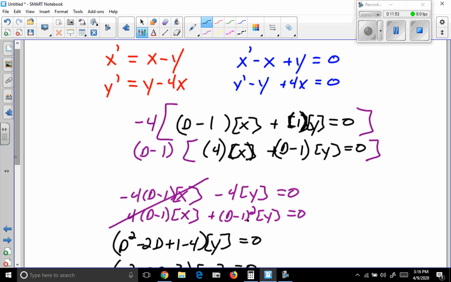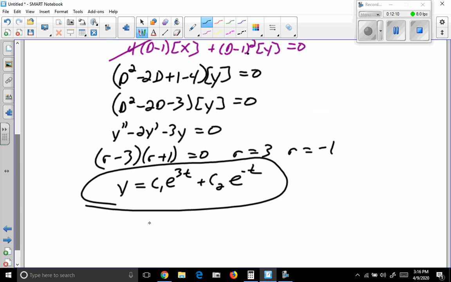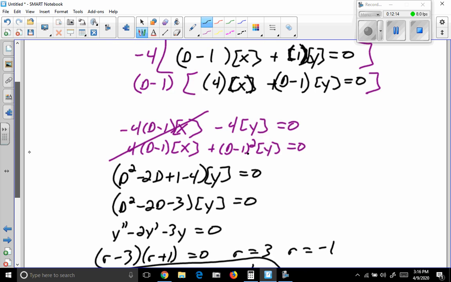Or another thing we could do is we could take our system of differential equations. We could solve one of these equations for x in terms of y. Notice the bottom one has x and then y prime and y. So we have y prime equals y minus 4x.